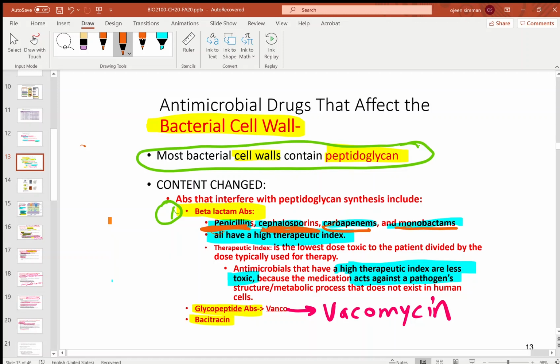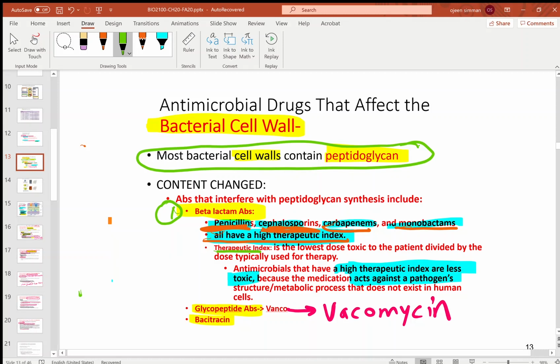I need you guys to know the following. All beta-lactam antibiotics have a high therapeutic index. All of them. What does that mean? Remember the definition of therapeutic index: it is the lowest dose that's toxic to the patient divided by the dose typically used for therapy.